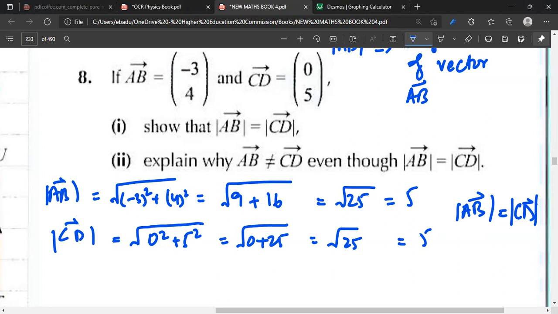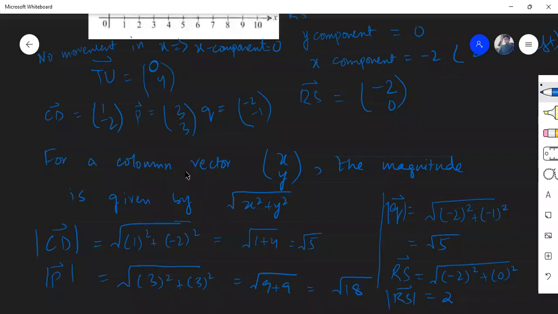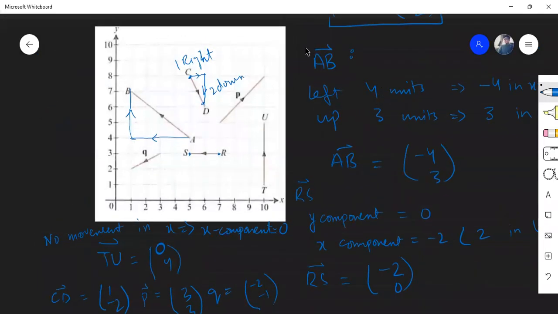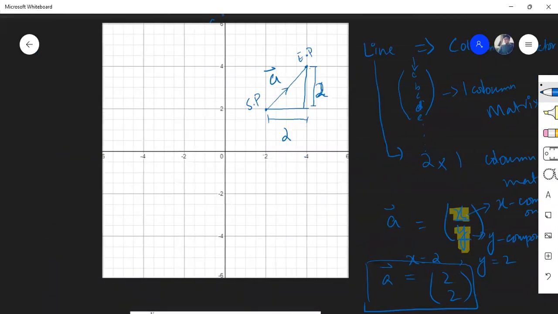Now let's head back to our Cartesian plane.